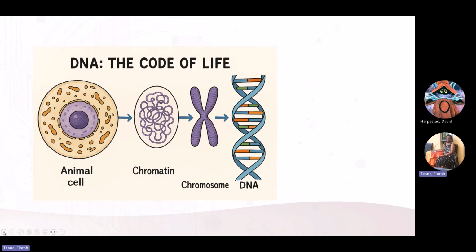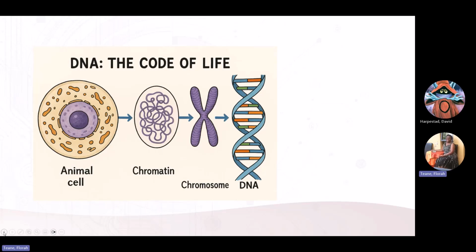And inside the nucleus, we have the chromatin network, which will change during cell division into chromosomes. So chromosomes emerge from this chromatin material. And it is in these chromosomes where we find the DNA molecule.